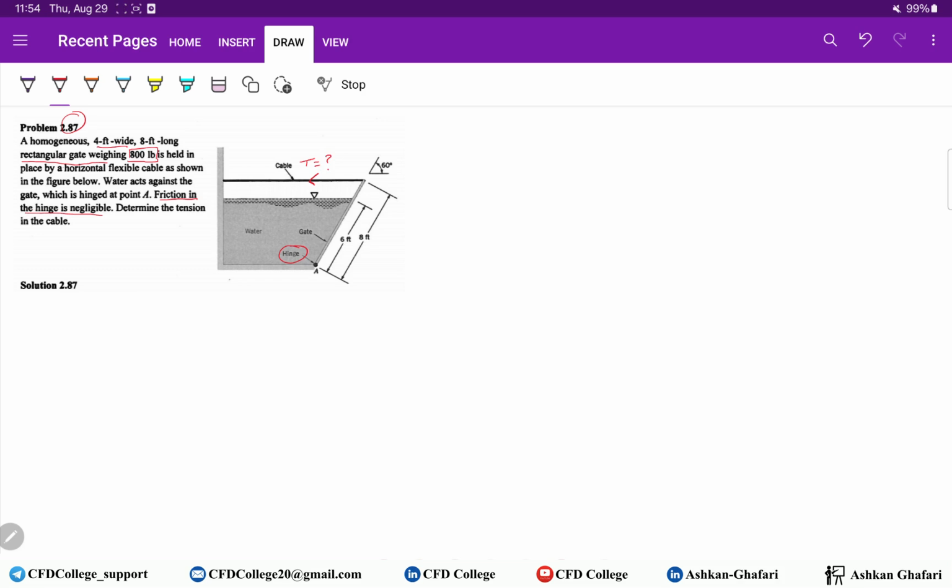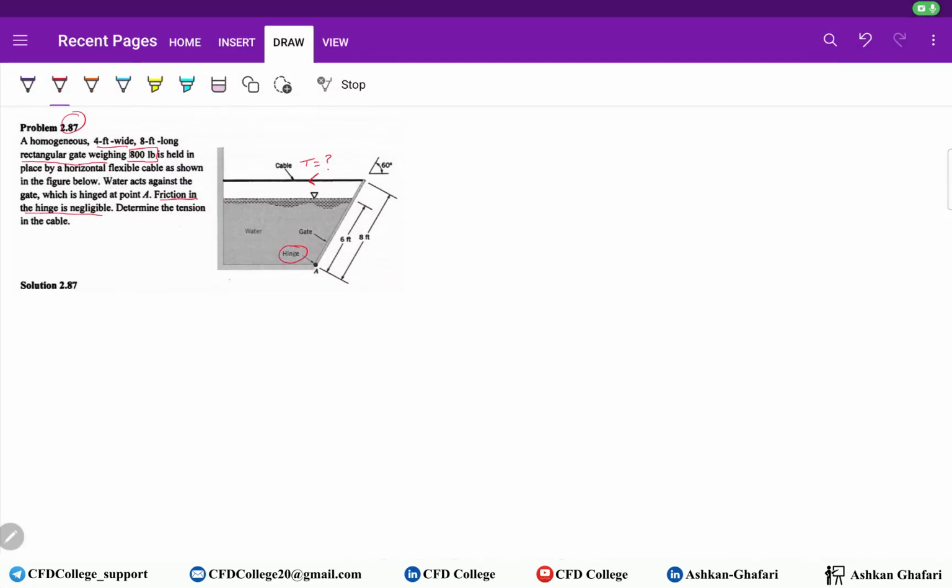When we have still water, due to the weight of water and hydrostatic pressure, there are some forces. For example, here on this gate a force is acting due to water, and we want to calculate it.